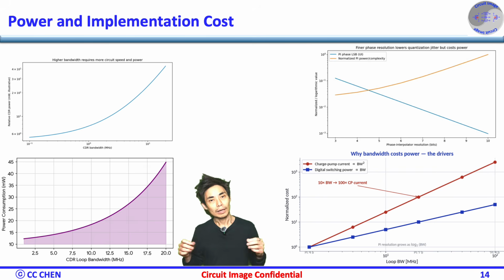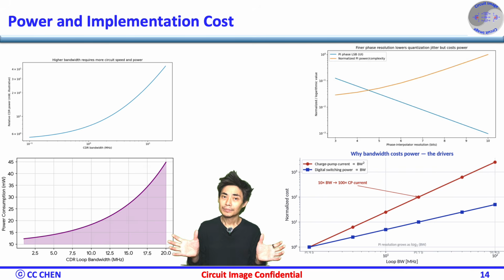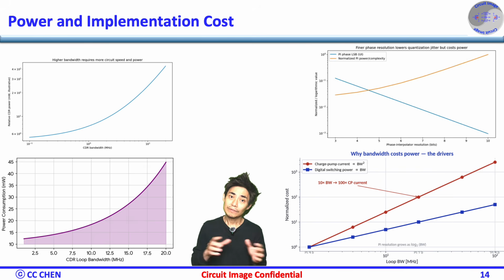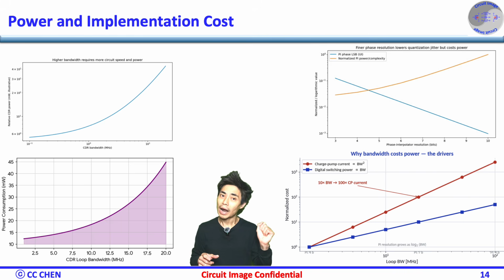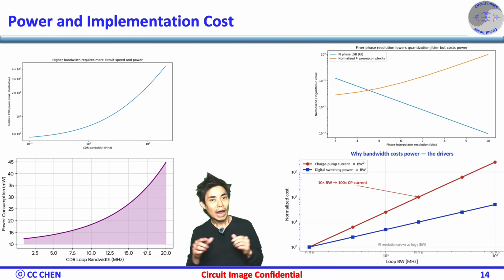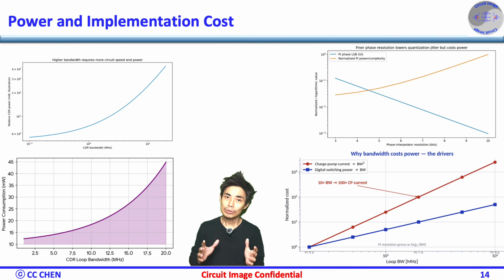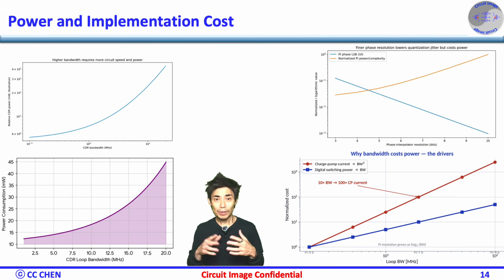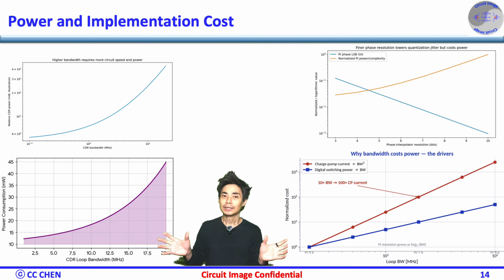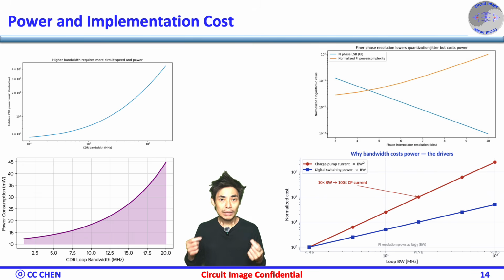All of these can cost power and area. In multi-lane SerDes, even a small power increase per lane matters. High bandwidth can also increase switching activity in the PI or DCO update path. So the design goal is not to spend bandwidth everywhere. The better goal is to use the minimum bandwidth that meets tracking, jitter tolerance, lock time, and system requirements.